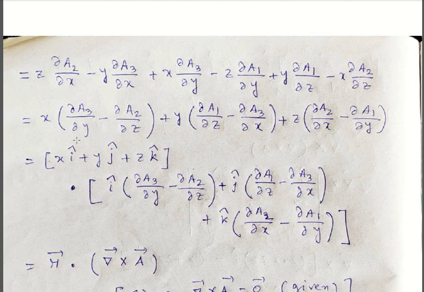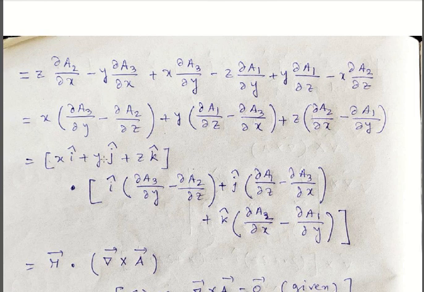Now xi into the second term will be 0, since i dot j equal to 0. xi into the third term is also 0, because i dot k is 0. So only we are getting x into this.